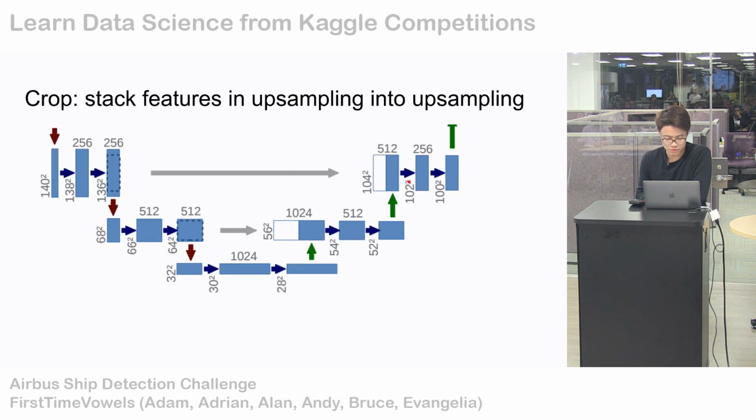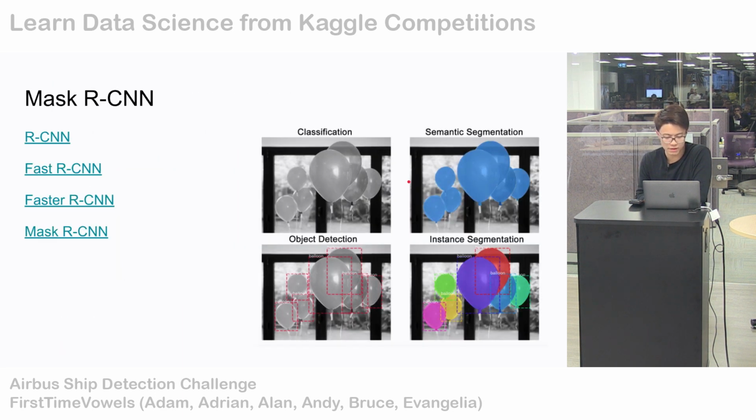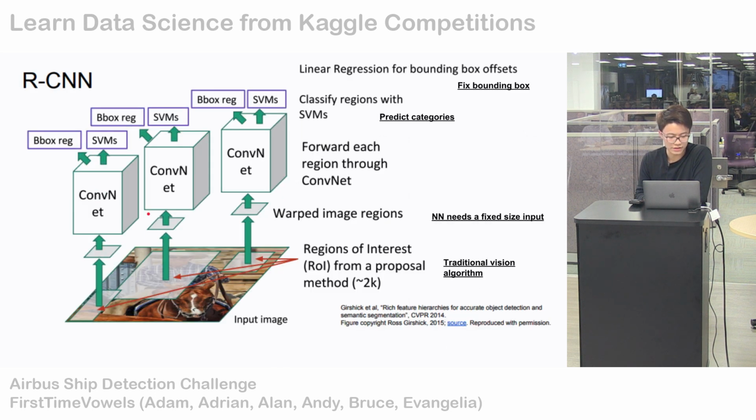Next, I'm going to briefly talk about Fast R-CNN. To talk about it, there are a couple of papers to reference here. The first idea is R-CNN. The idea was that to do segmentation, you first propose some object proposals in the original image.